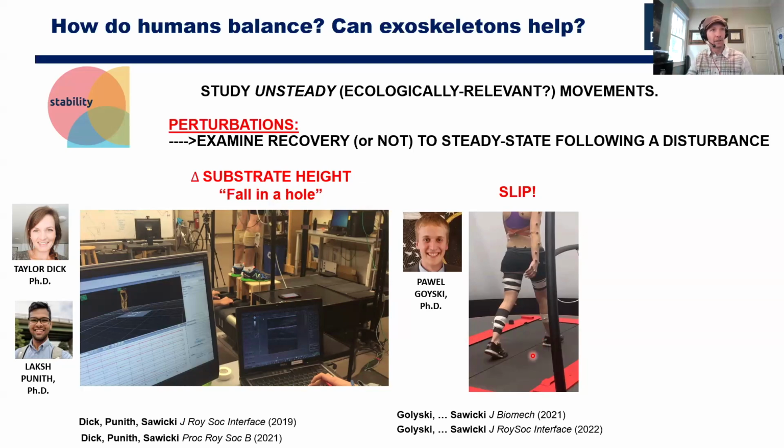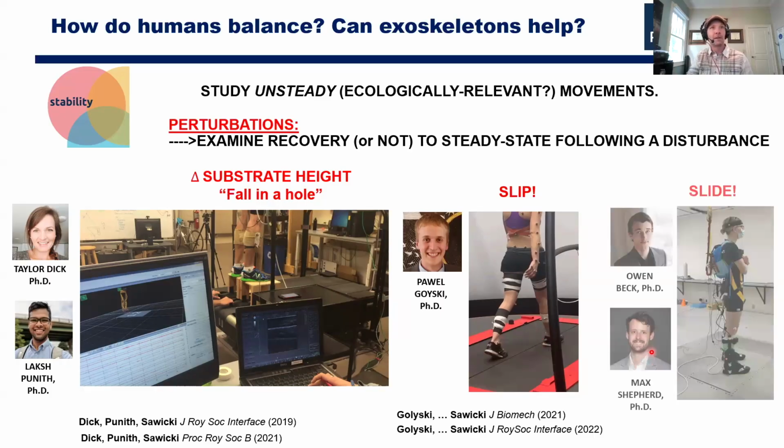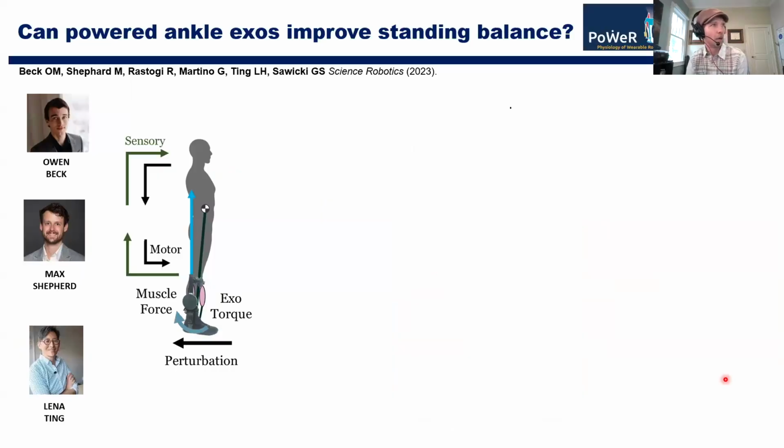Other things you can do are like slip a treadmill belt. I'll talk a little bit about this in a minute. And then sliding platforms. And this is a case where we slid a platform during standing balance, but I'll show you in a little bit too that we now have techniques where we can slide the rug even during dynamic locomotion.